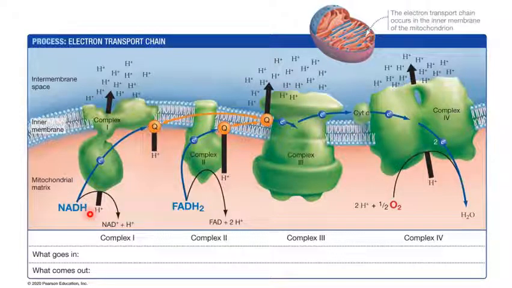As they move, they're losing energy. That energy is being used to pump hydrogen ions across the membrane, which sets up a concentration gradient for hydrogen ions, also called protons, with a lot on one side of the membrane and very few on the other side. When the electrons get to the end of the electron transport chain, they are added to oxygen, which creates water.